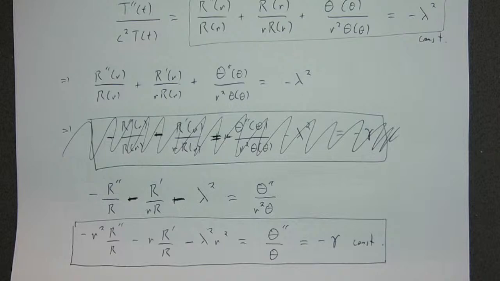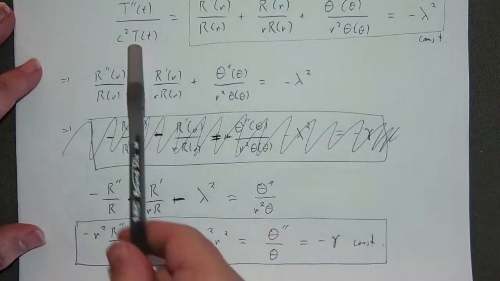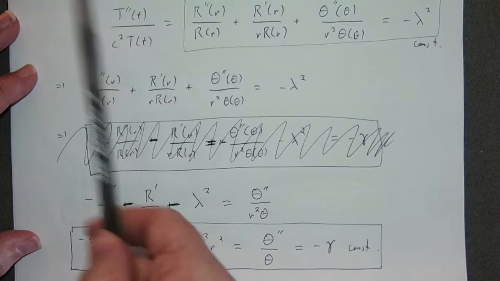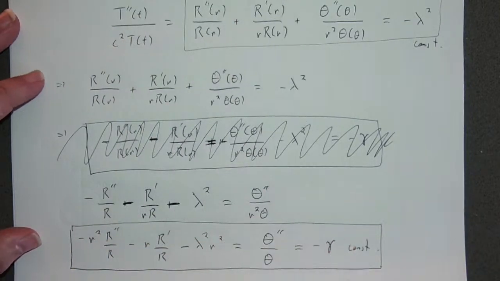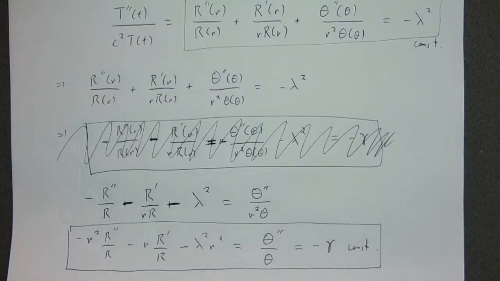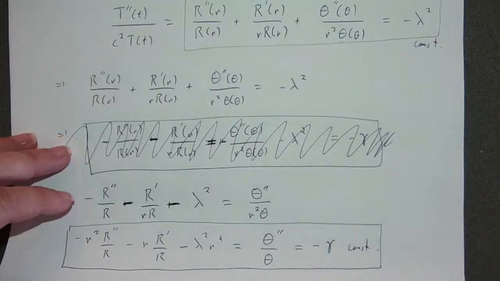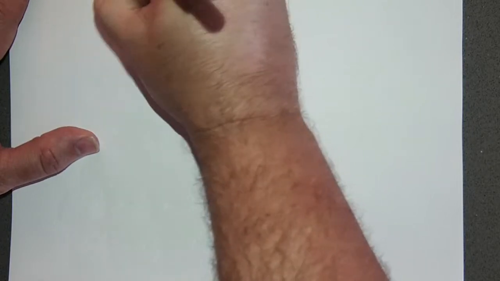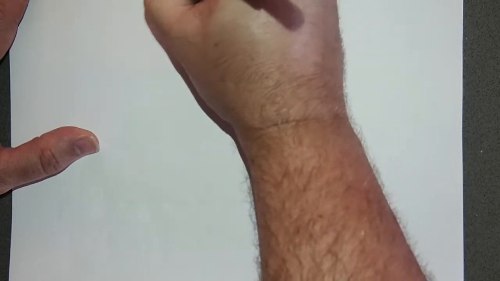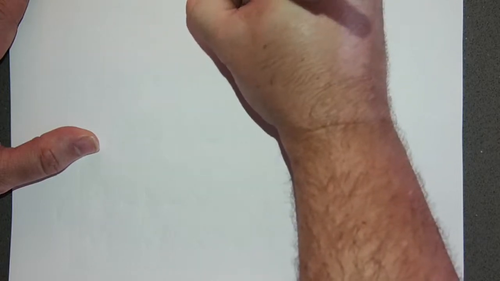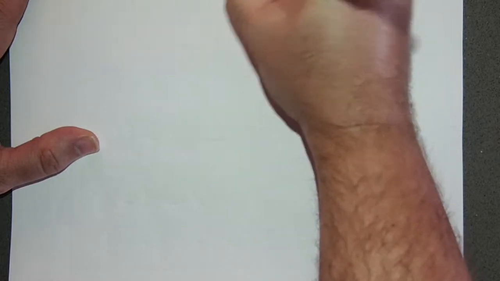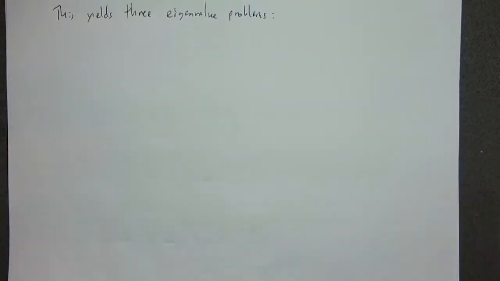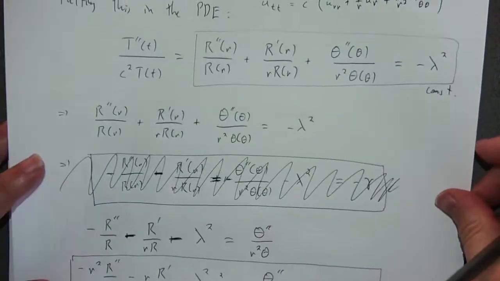Okay. So all these things taken together, I get an eigenvalue problem for t from this expression, and I get eigenvalue problems for r and theta from this expression. Okay, so these two things yield 3 eigenvalue problems. What are they? Well, okay, let's go back here.